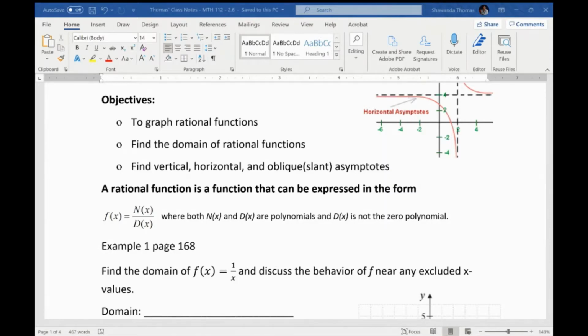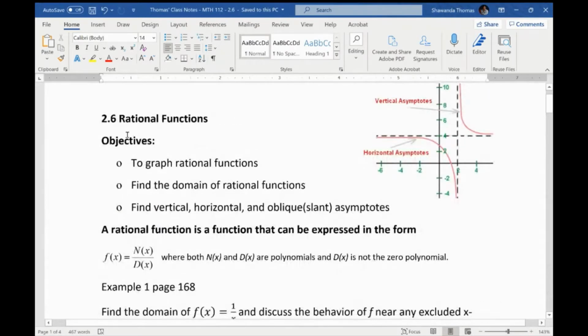Fraction? What base word do you see in the word rational? Rat. Domain. Okay, I like that. That's new too. Give me another one. Ratio. Tara, ratio.